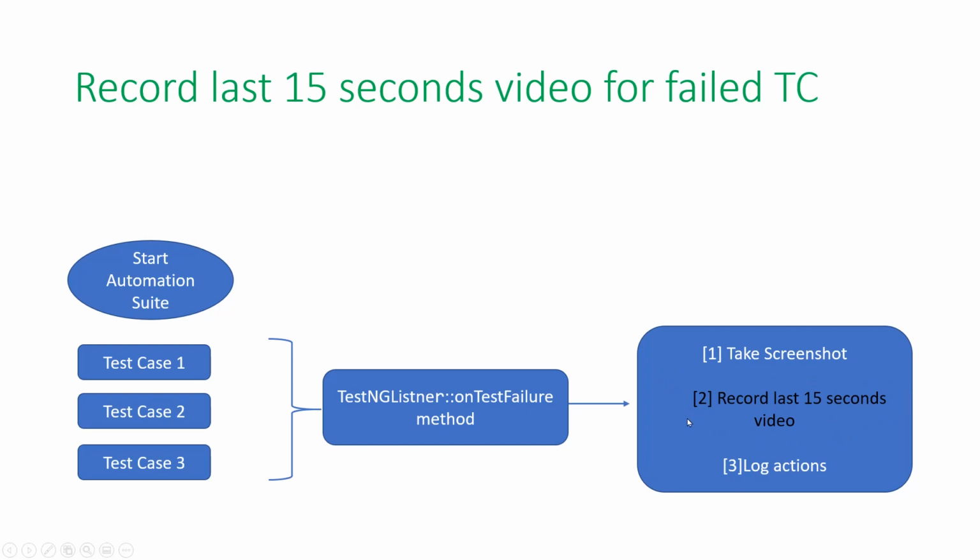And this is the topic of today's session: how we can capture what happened 15 seconds prior to the test failure, and then by looking at that video we'll have a good idea what happened and why the test case failed. So what exactly will we do to capture a recording?